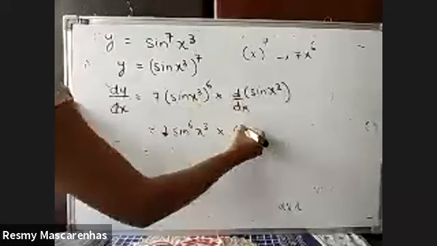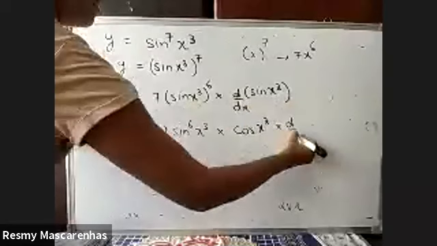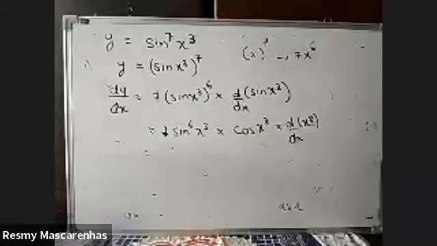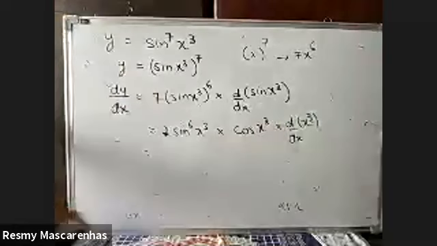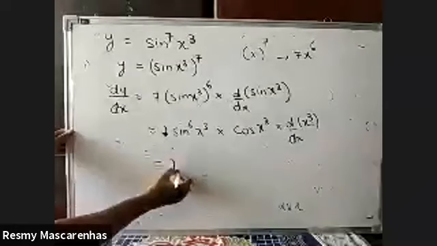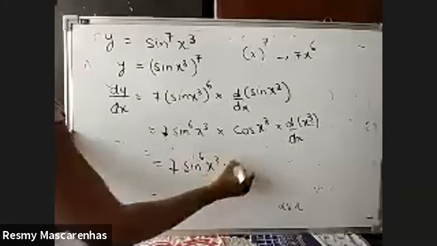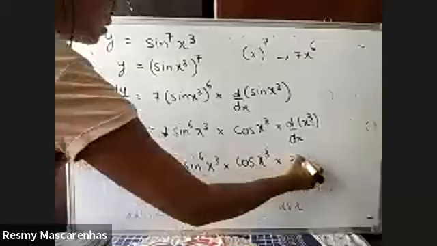Cos of something into the extra derivative of x cube. Instead of writing this step, you can directly write the derivative of x cube as 3x square. So this will be our answer.